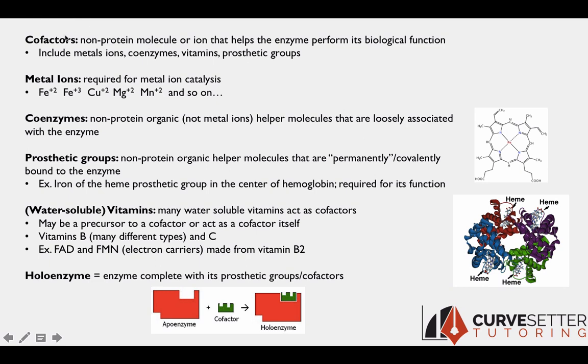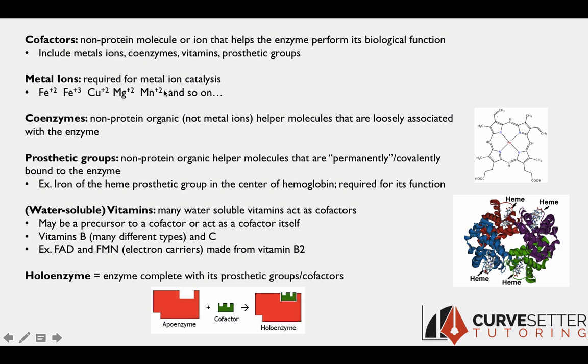So cofactors is the broad umbrella term that all of these 4 fall under. And cofactors can include metal ions, coenzymes, vitamins, prosthetic groups, and really any molecule that you see as crucial to the enzyme's biological function.